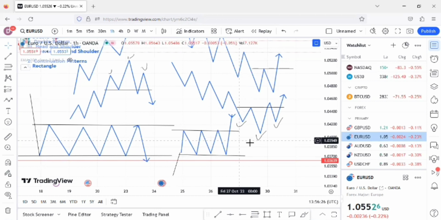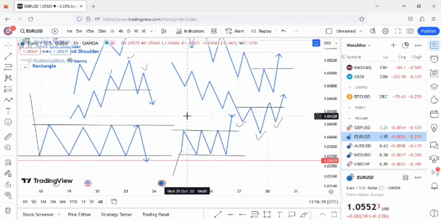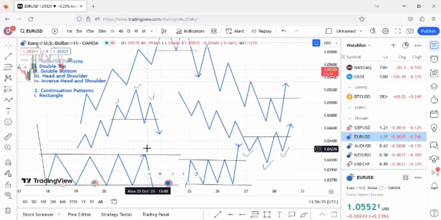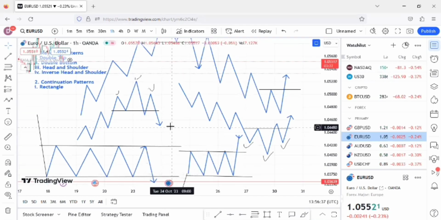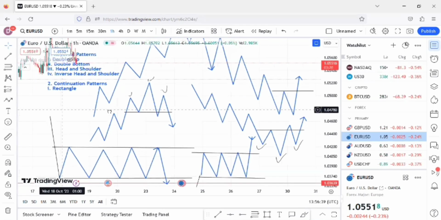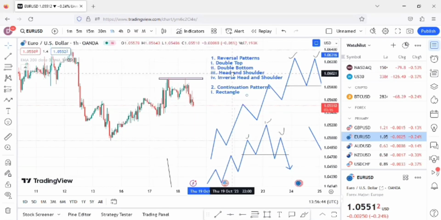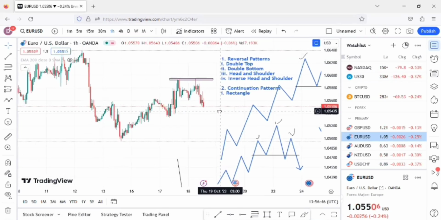You jump in, and with that, you're able to reduce your risk. So that is how to trade patterns. We have seen the reversal patterns and the continuation patterns. So now let's go to the charts to cite some examples of these patterns.